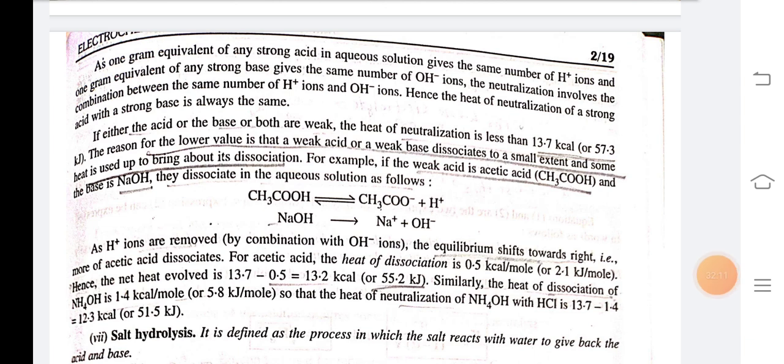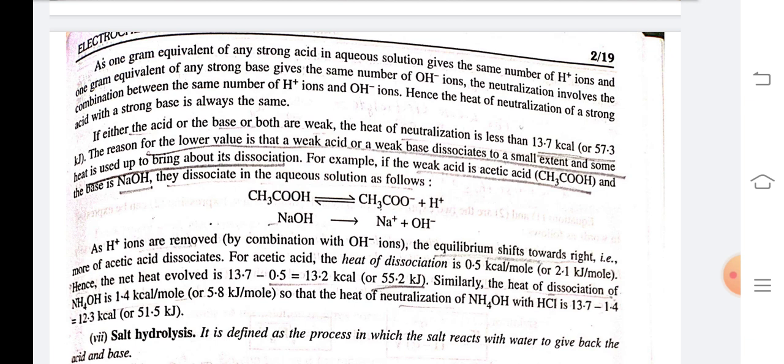As 1 gram equivalent of any strong acid in aqueous solution gives the same number of H positive ions and 1 gram equivalent of any strong base gives the same number of OH negative ions, the neutralization involves the combination between the same number of H positive ions and OH negative ions. Hence, the heat of neutralization of a strong acid with a strong base is always the same.